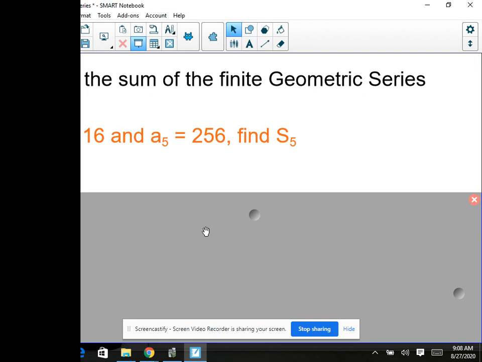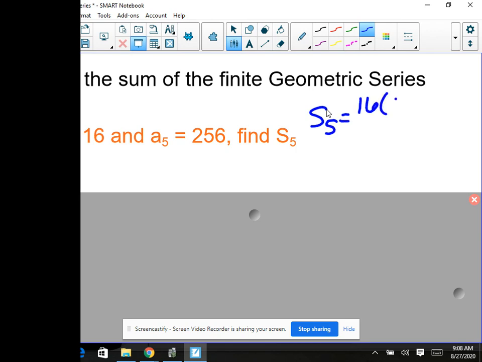So what we do know is our first term. We know that we're looking for 5 terms, but what we don't know is our common ratio. So we could count out spaces if we wanted to. We could use the formula from yesterday.